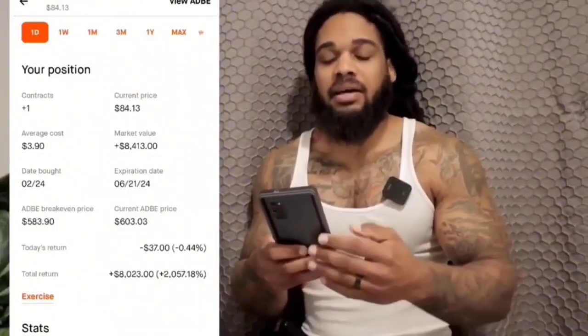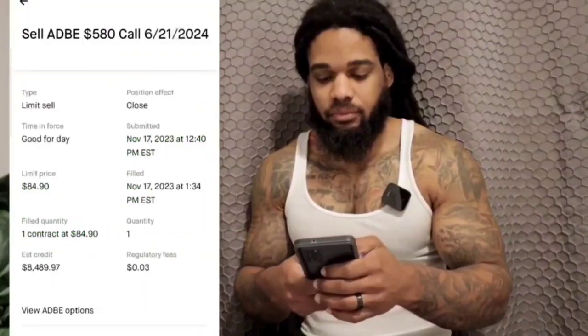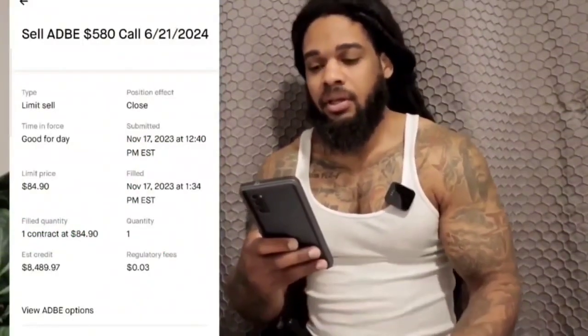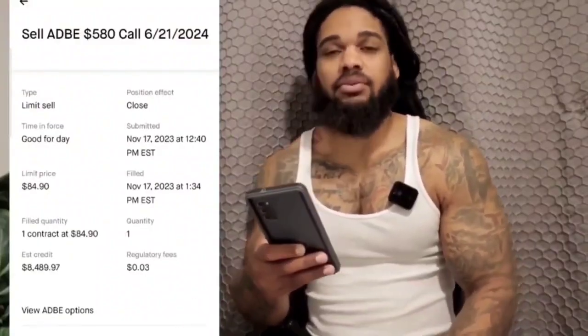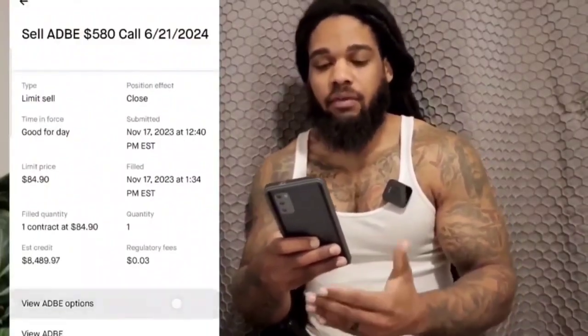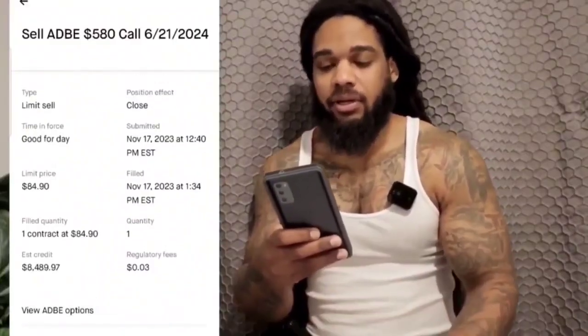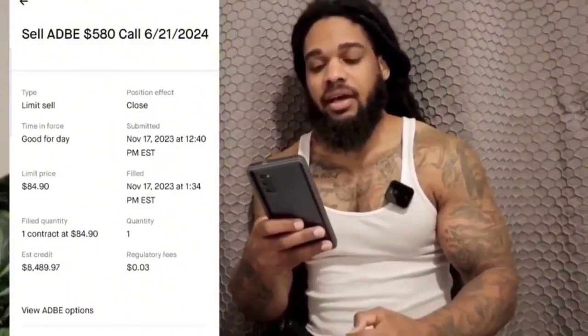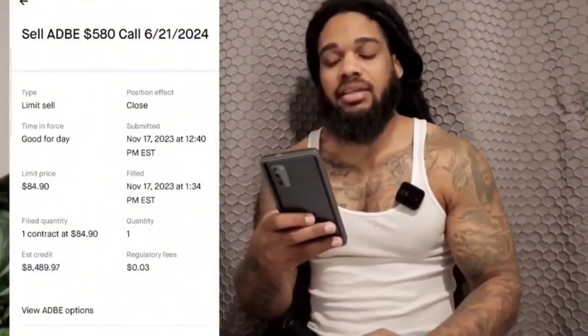And by the time I sold the Adobe contract, about November 17, 2023, I sold it for about $84.90, and after the regulatory fee, I got about $8,489.97.